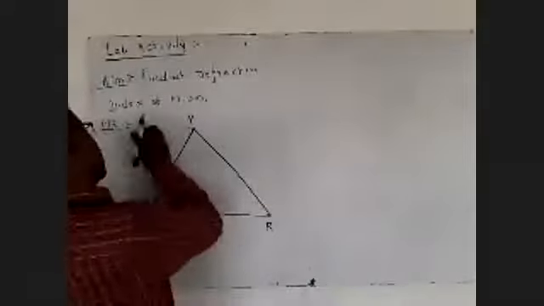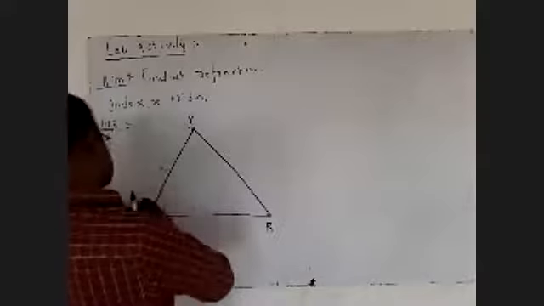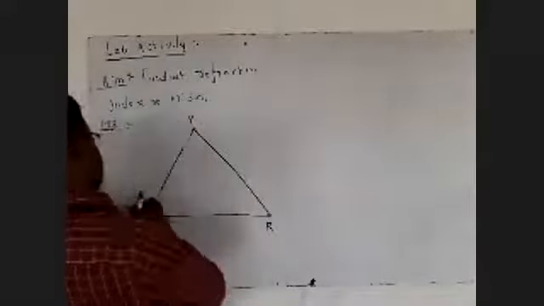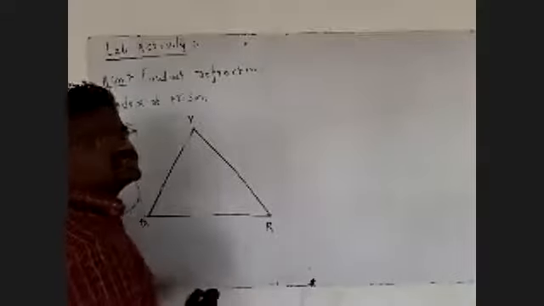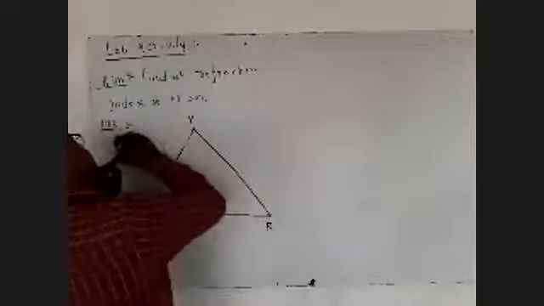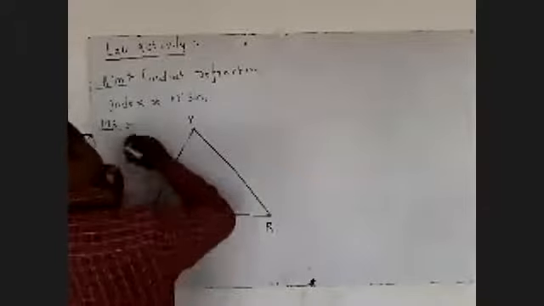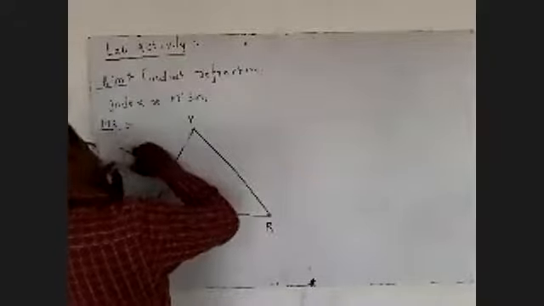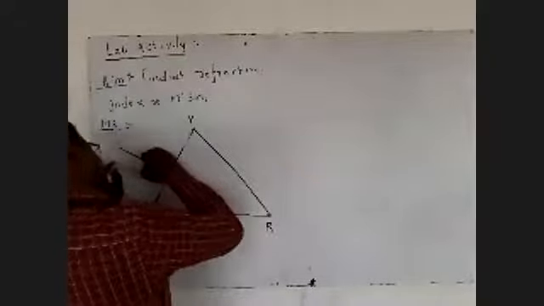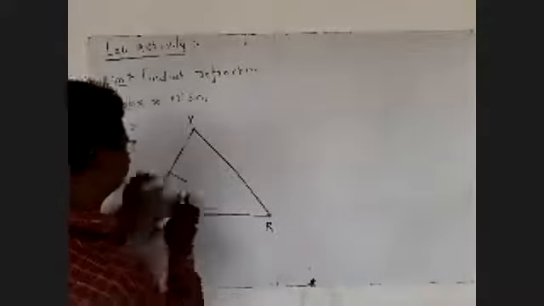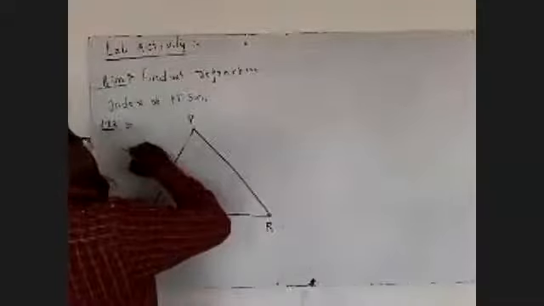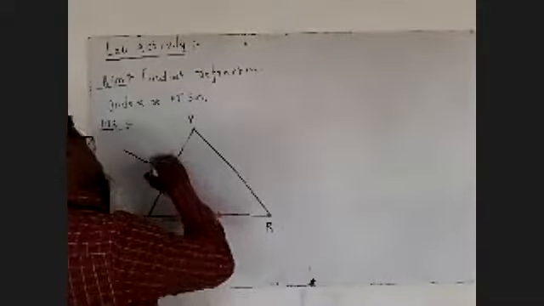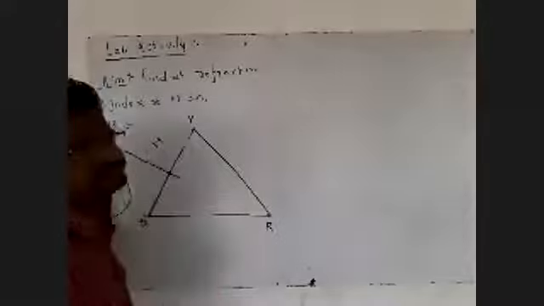You take this point and this point, and with the scale we draw the perpendicular to the PQ surface at a point M. This is point M.